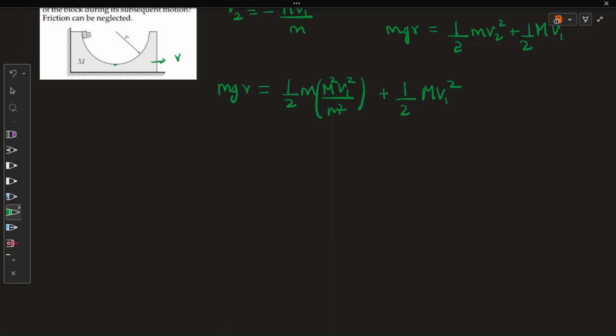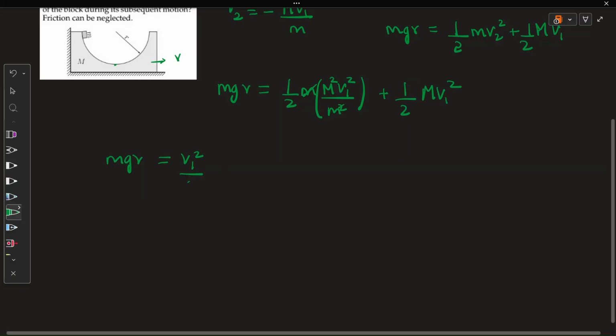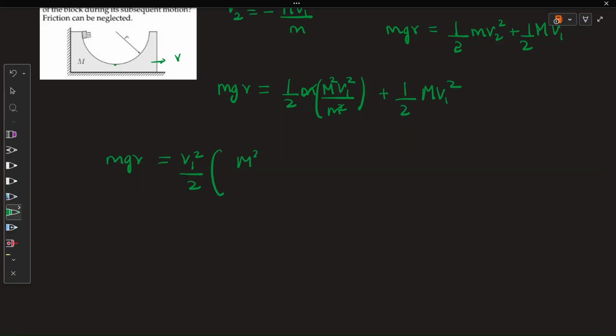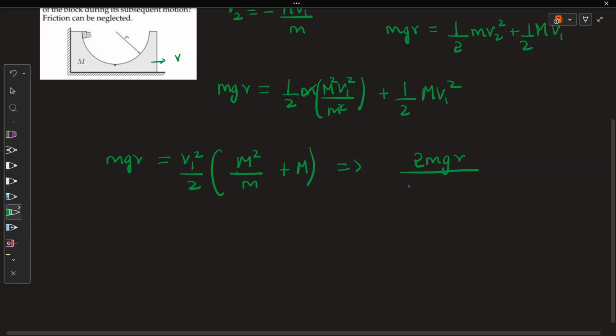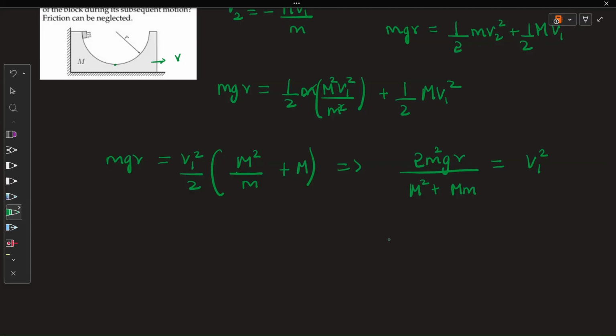Now mgr is equal to v1 square by 2 into M square by m plus capital M. So this can be written as 2 m g r whole divided by M square plus M m, and again the denominator m goes up. So what I get is v1 square.